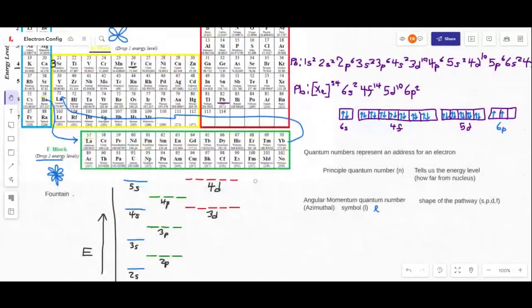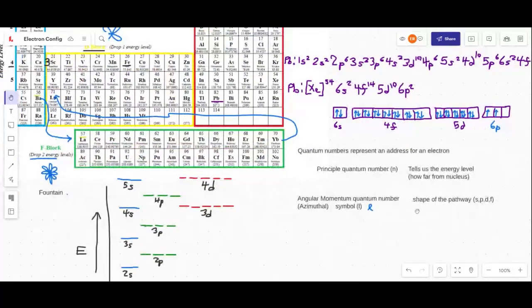Okay. So the azimuthal quantum number, or angular momentum quantum number, the symbol L, tells you the shape of the pathway. There are specific numbers that are tied to specific shapes.